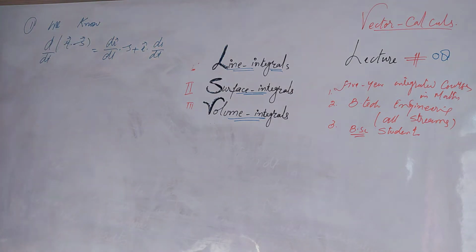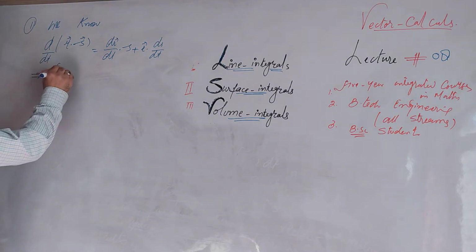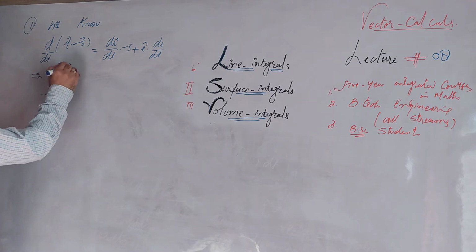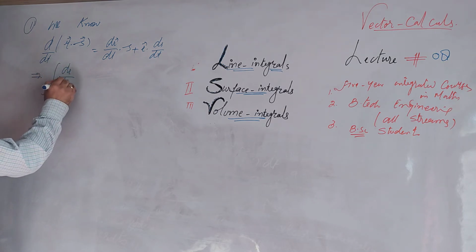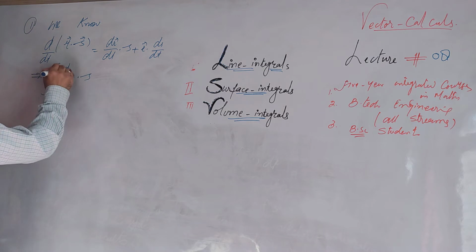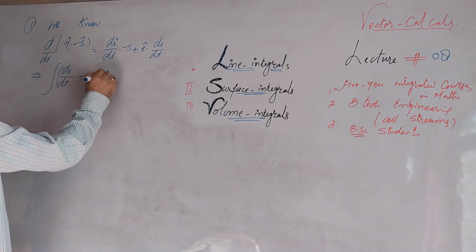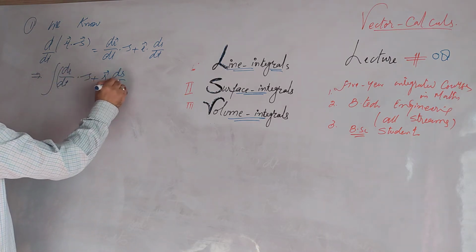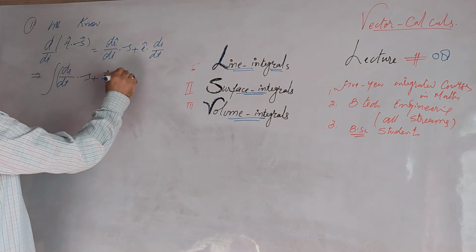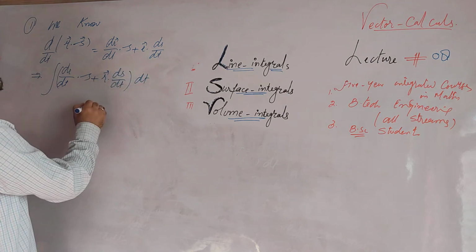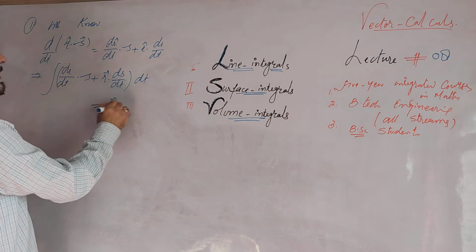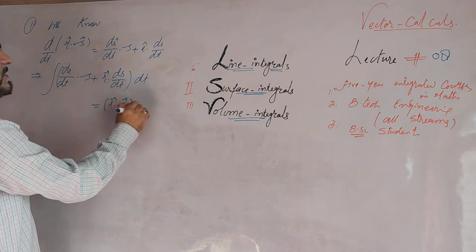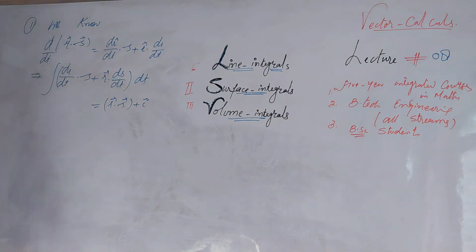It is obvious. So this implies that you can write the integral of dr by dt dot s plus r dot ds by dt with respect to t is r dot s plus c.